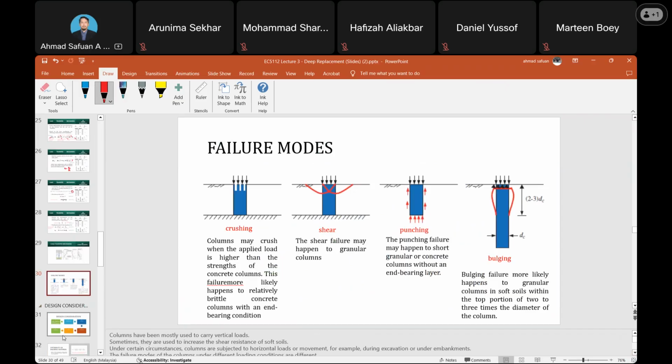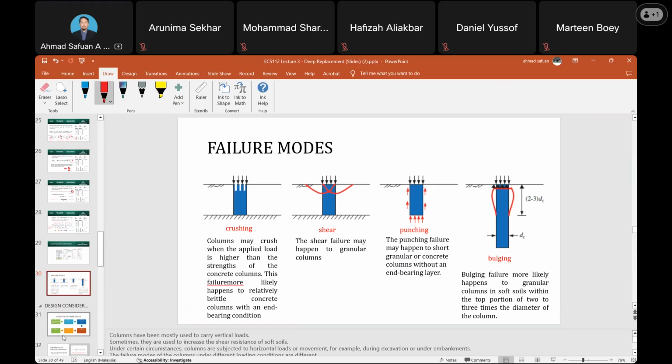For example, for crushing, the column may crush when the applied load is higher than the strength of the concrete column. This is more likely to happen to a relatively brittle concrete column with end bearing conditions. So this happens if the load is greater than the strength of the column.